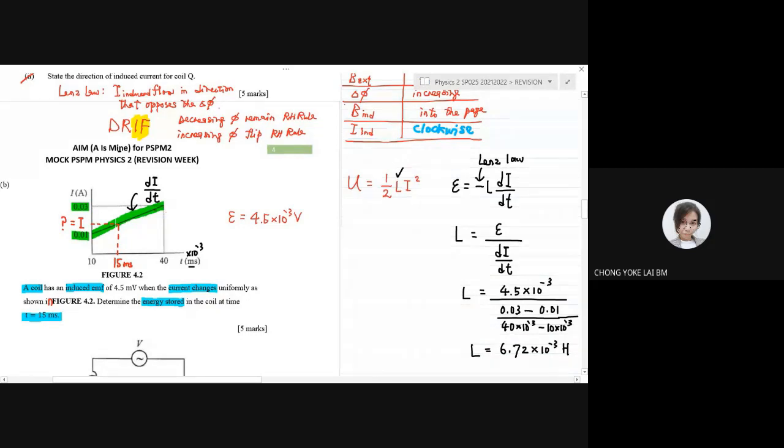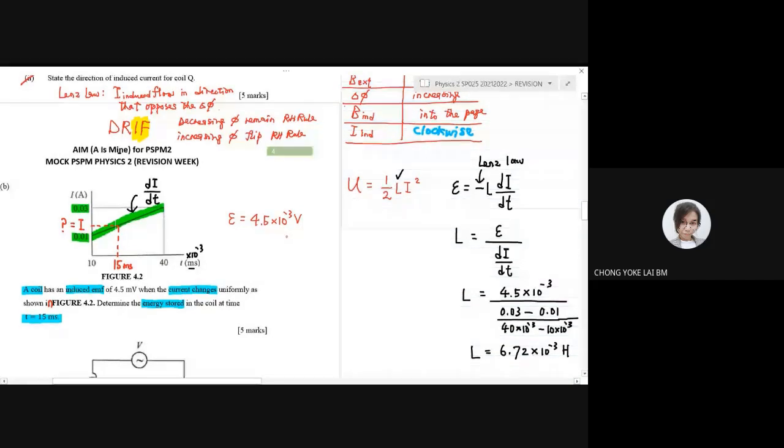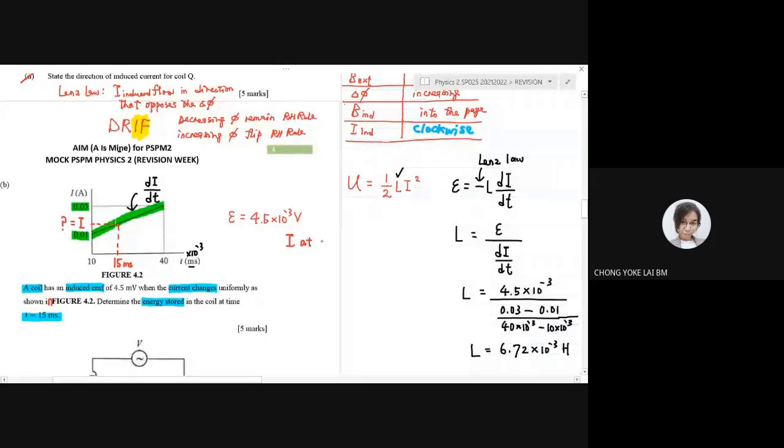This is a straight line kan? So, rate of change of current adalah constant. So, kita perlu dapatkan current at time 15 millisecond. So, tinggalkan formula energy stored ni, kita cari dulu.